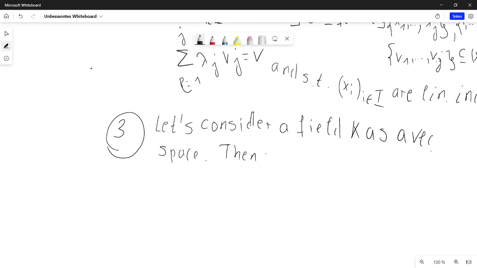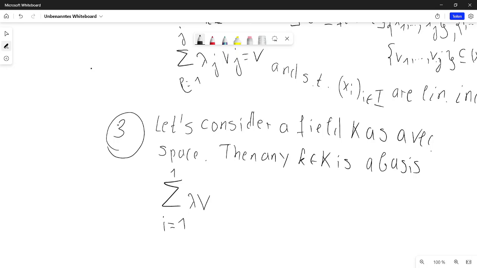In any K, a single vector by itself is naturally linearly independent unless it is the zero vector, because if you have just lambda v, and that is 0, then if lambda is 0, that's fine, and if lambda is not equal to 0, then v has to be 0.